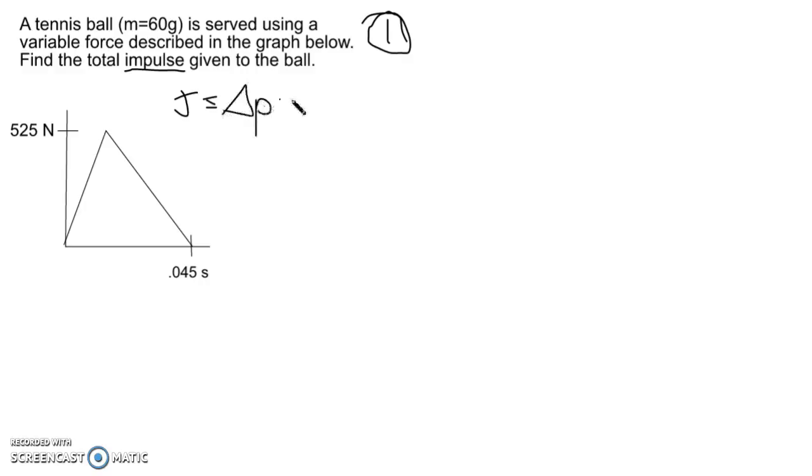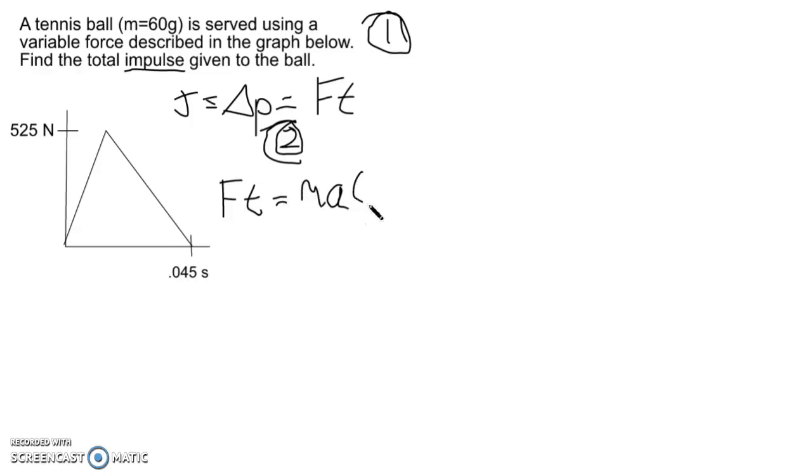P is momentum, equals force times time. And the reason impulse equals force times time is, well, force is equal to mass times acceleration, right?